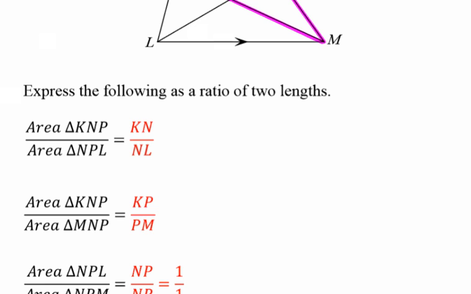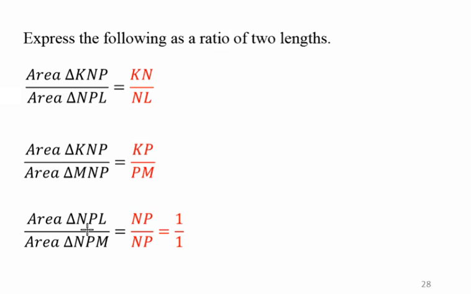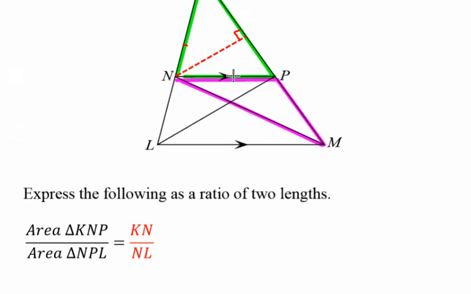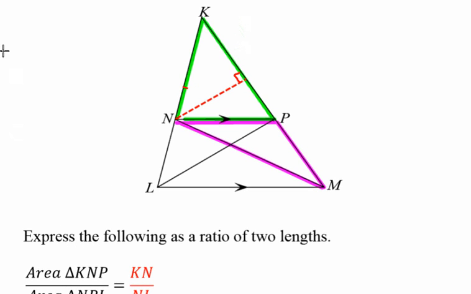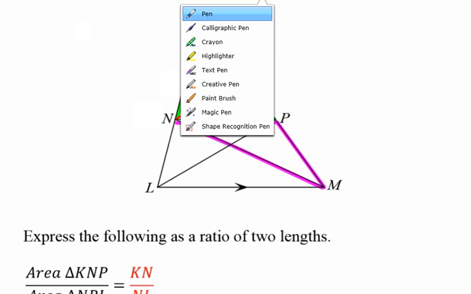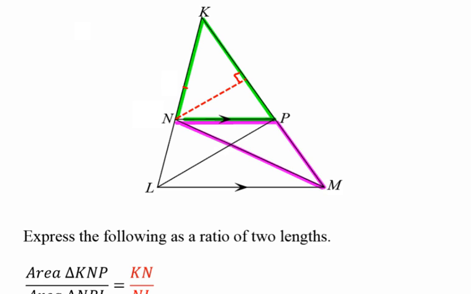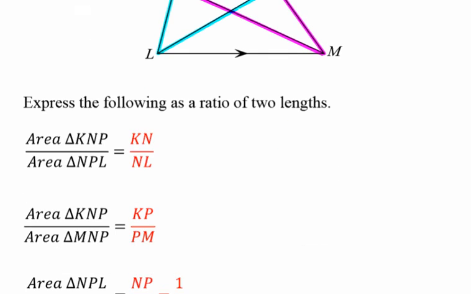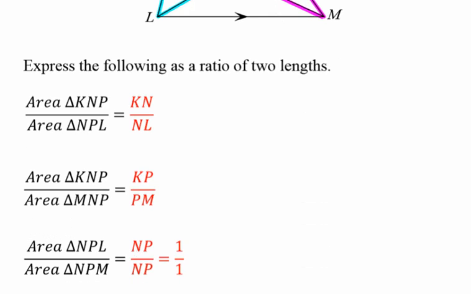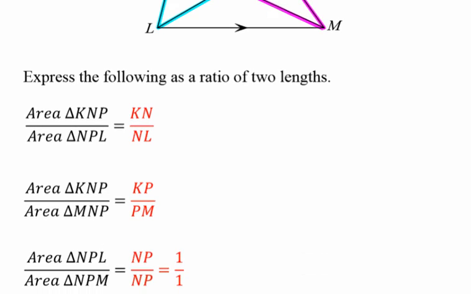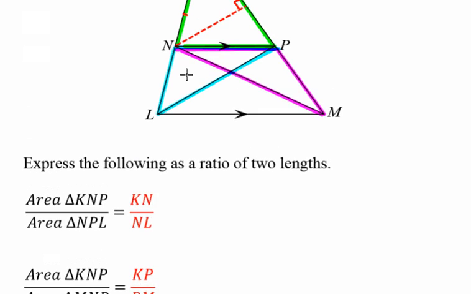Now, if you have a look here, now I'm looking at triangle NPL and NPM. NPM is already highlighted. Let me just go down now and highlight NPL. Now, if I look at those ones, then they share a common base, NP, and they share a common altitude.